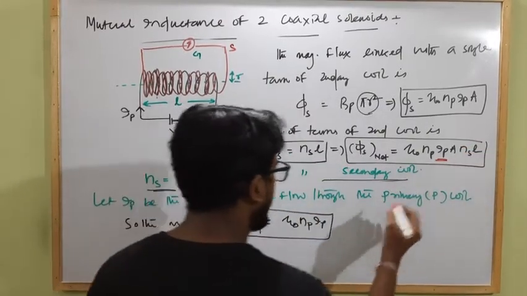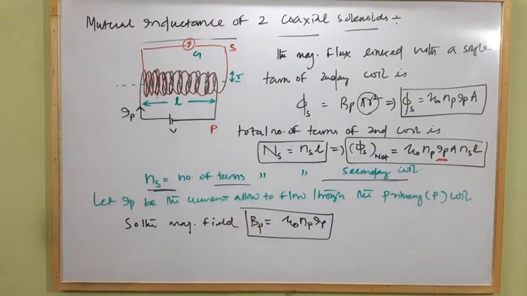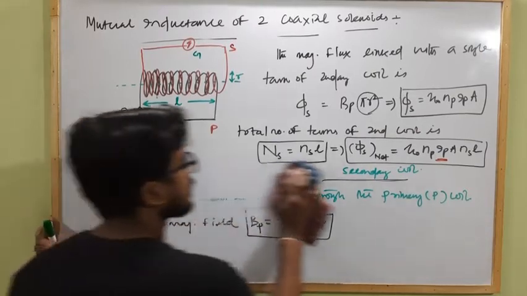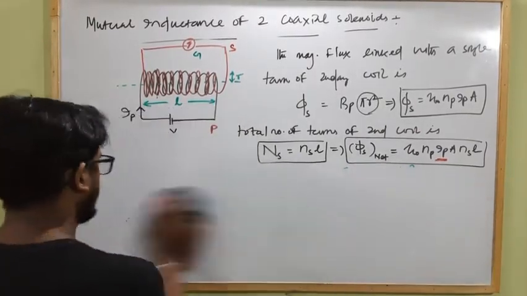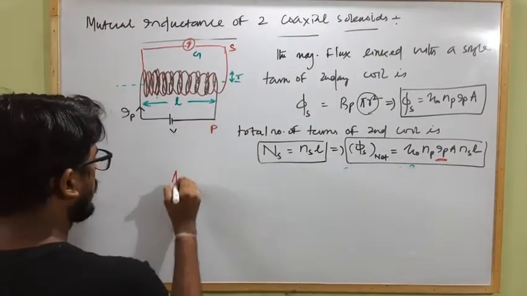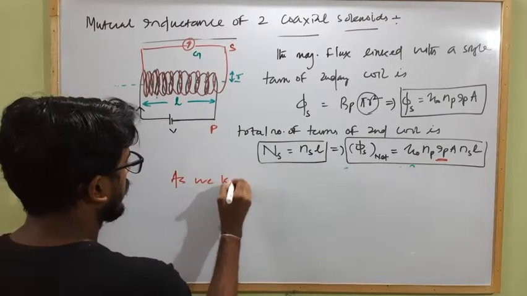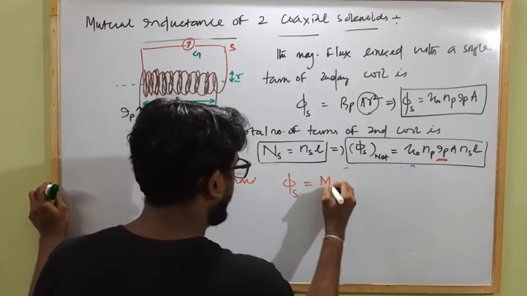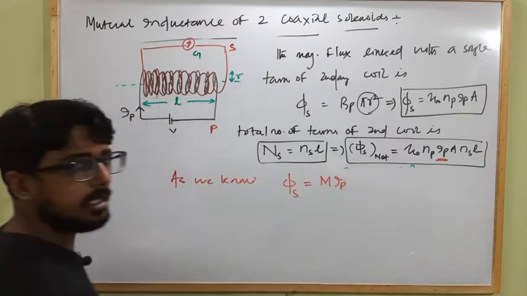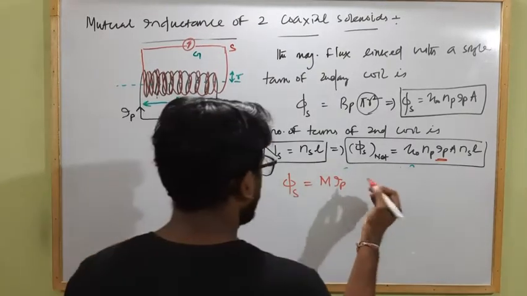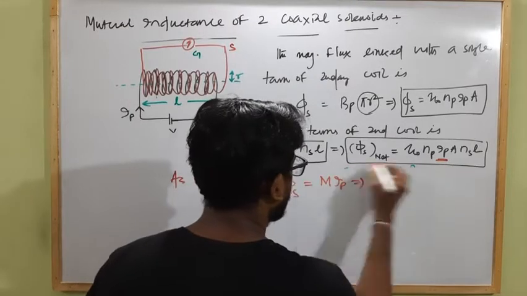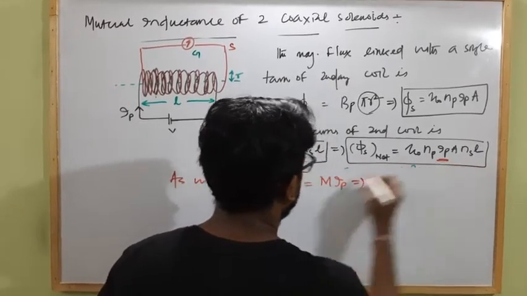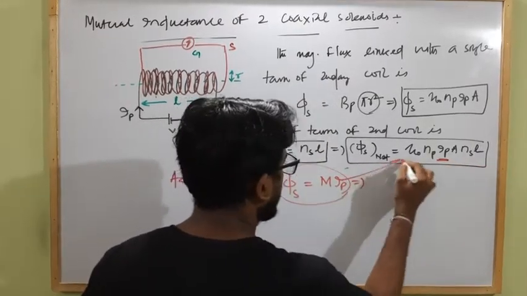So as we already know, the net flux in secondary coil is equal to mutual inductance into current in primary coil. So comparing these two, we will get what?